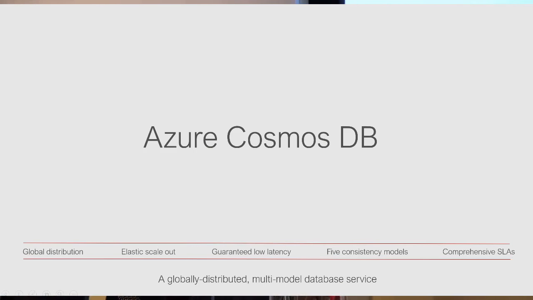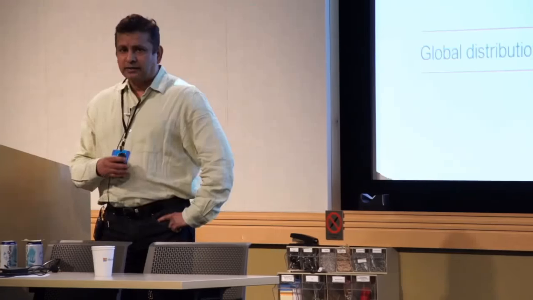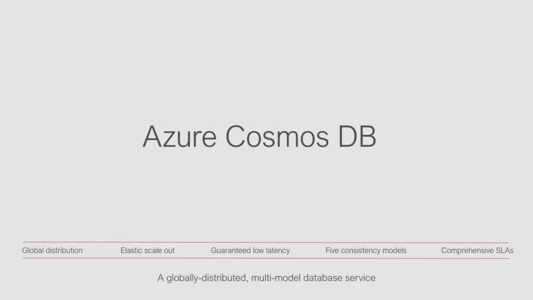So that's one thing. Elastic scale out, you already heard about, we are scaling out big time, but storage is really infinite. You can just keep using it, no configuration, nothing. You don't have to figure out what shards I should use and all that. It will just keep growing forever. And for throughput, we have a customer who went from 1 million requests per second to 3 million requests per second.